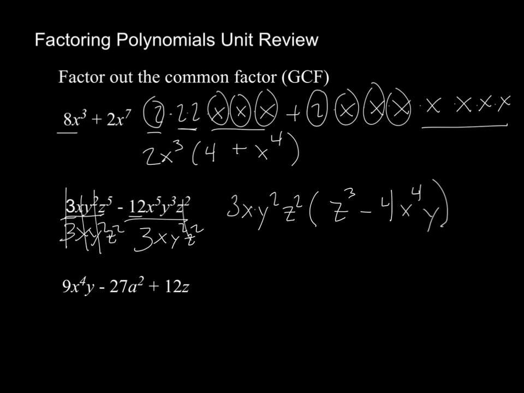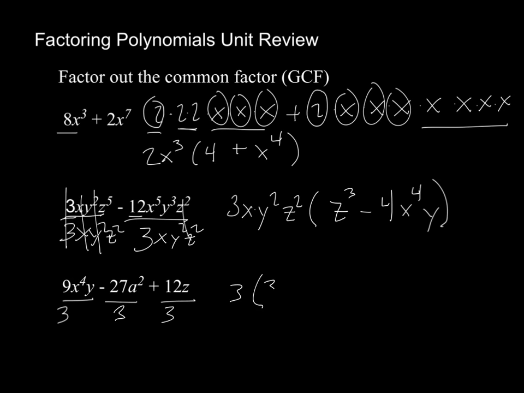Last one here. We got 3 terms. I see a common factor of 3 in the numbers there. I do not see a common factor of x. I do not see a common factor of y, a, or z. So the variables do not have a common factor. So I'm going to divide all of these just by the GCF, which happens to be 3.